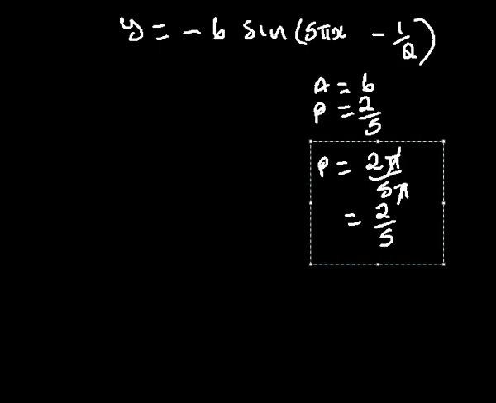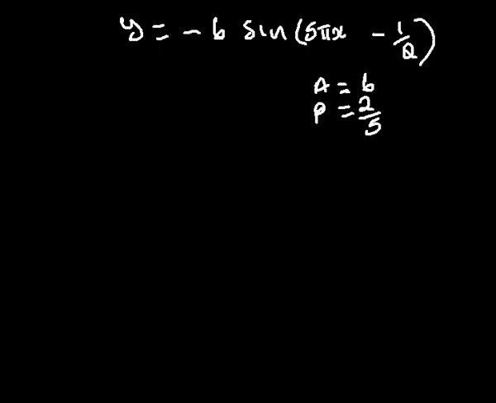And how should you go about it? We need to have the phase shift. So the phase shift is calculated upon solving for x, where we equate the inner part of the sine to 0. So 5 pi x minus half is equal to 0.